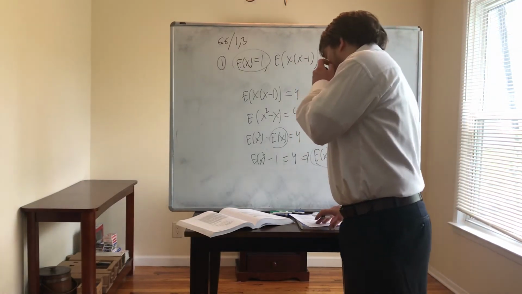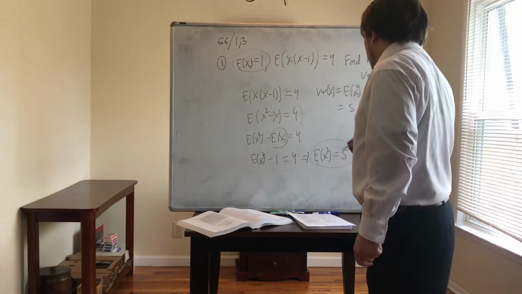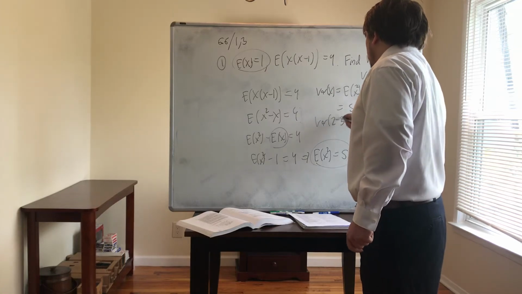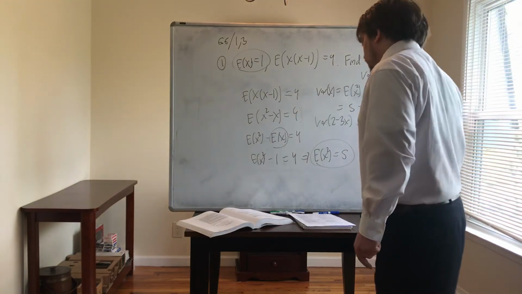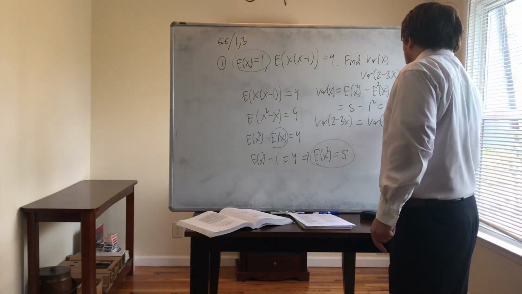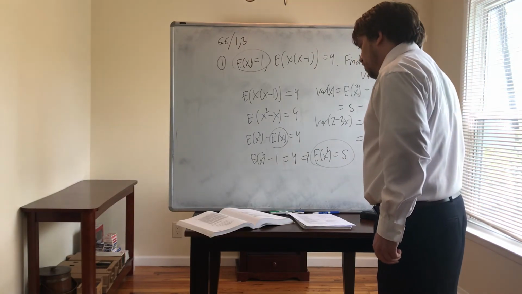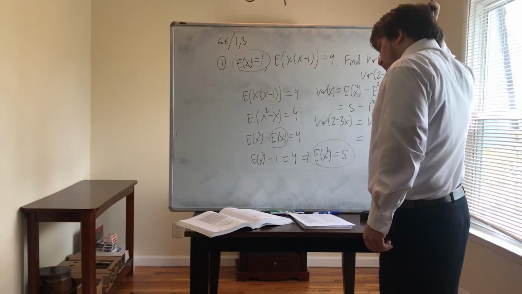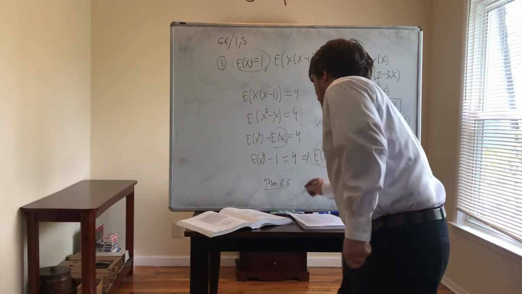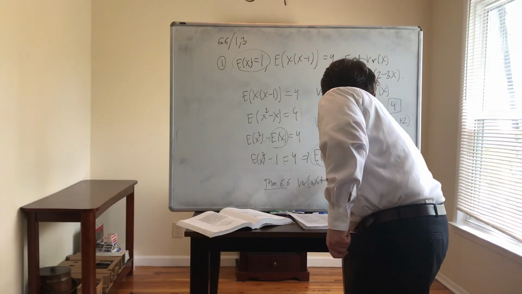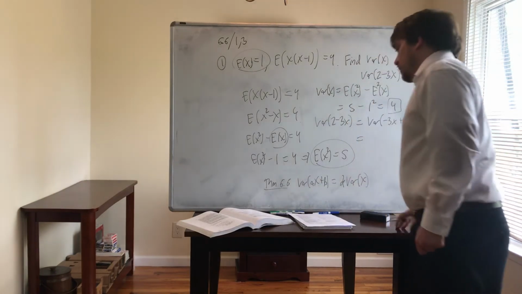Then we want to find the variance of 2 minus 3x. I'm going to write it as the variance of negative 3x plus 2. By theorem 6.6, the variance of ax plus b is equal to a squared times the variance of x.